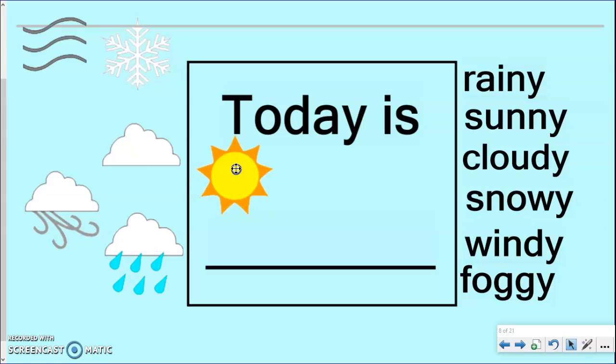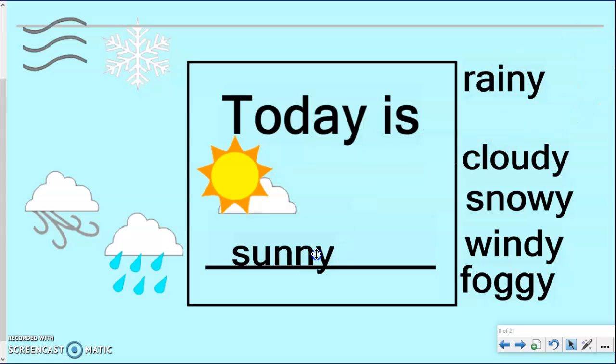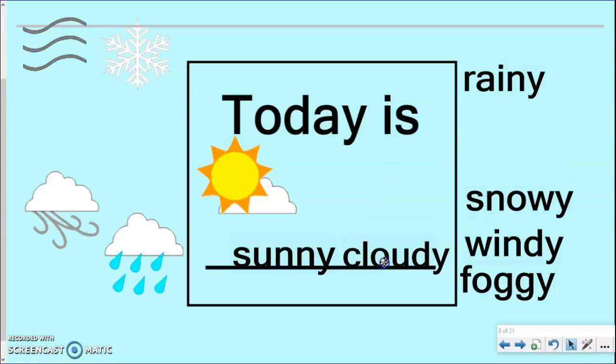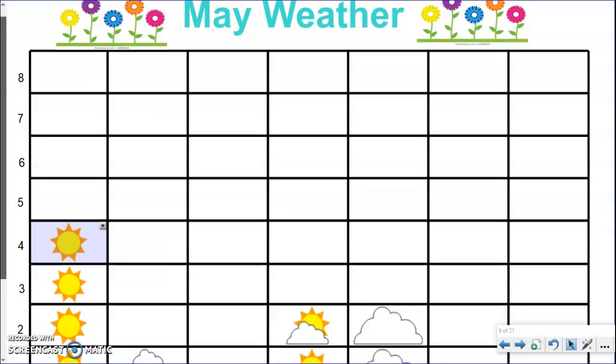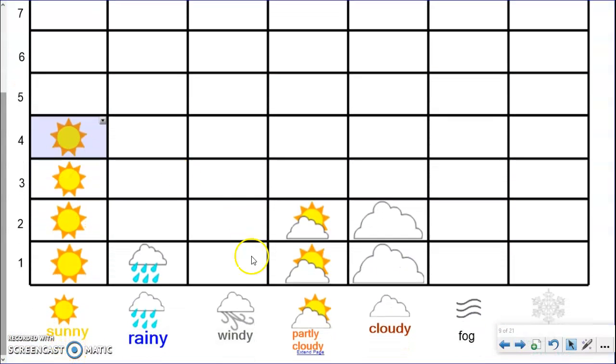This morning, early morning, it was thundering and pouring down rain, but it's changed to sunny and cloudy. I am thankful for sunny and cloudy weather. I think it might rain a little bit later today, but right now let's enjoy the sunshine while we have it. All right, and we'll graph sunny and cloudy, which is right here. Remember, we call that partly cloudy.